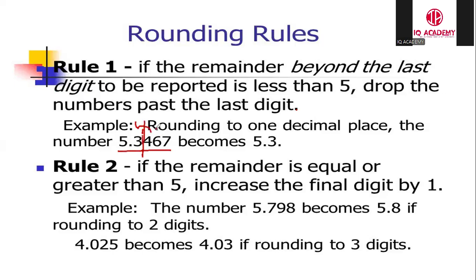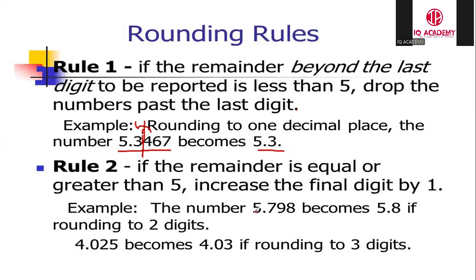It will have no effect on the preceding value 3. So if I round off here, it will just be 5.3. But in a case where the number is equal to 5 or more than 5, I have to add 1 to the number that is preceding it.